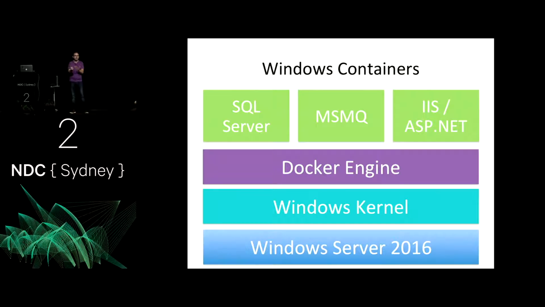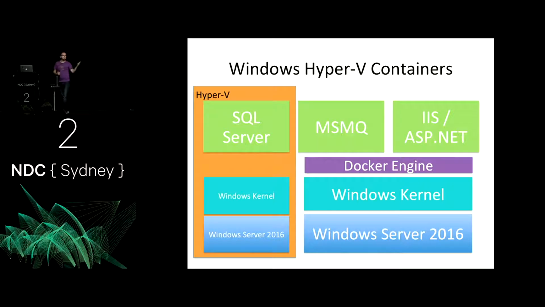But now we can run containers which are actually running Windows binaries. So things like SQL Server, things like MSMQ, IIS, and ASP.NET applications, taking all of the benefits and all of the advantages which we had in Linux, but bringing them to the Windows world.